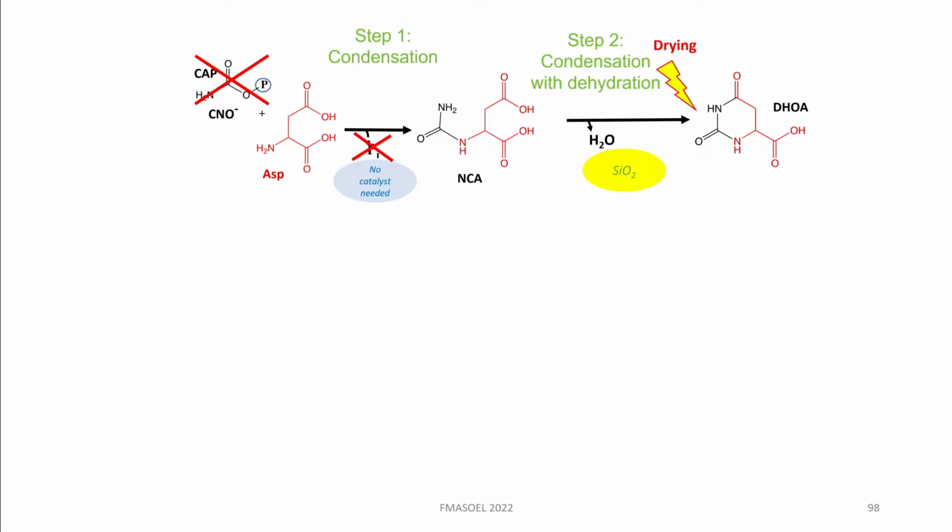Here, in the biochemical pathway, there is the input of chemical energy in the form of ATP. Instead, we use a drying step, just like we did for the amino acids. And instead of the enzyme, we used SiO2 as a mineral catalyst. And we succeeded in making a cycle.